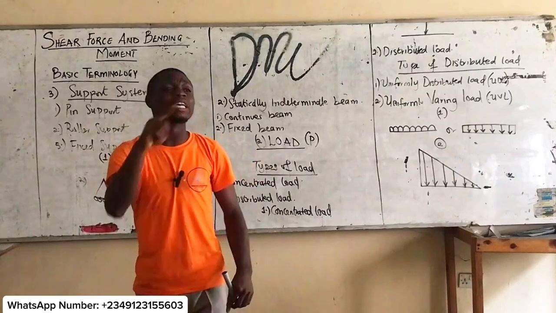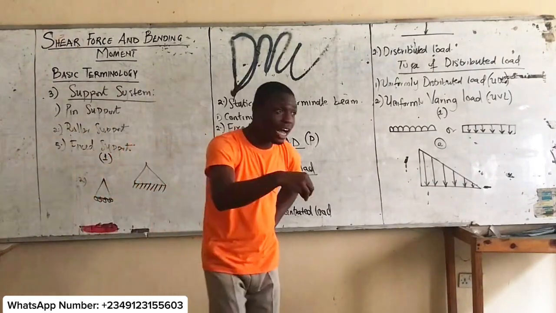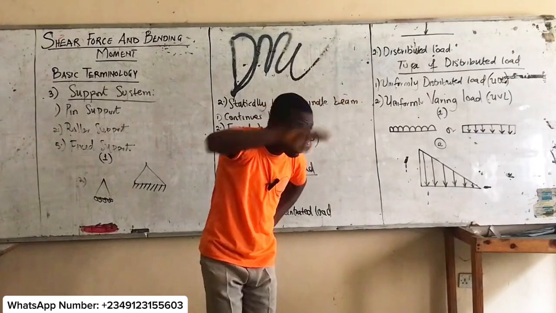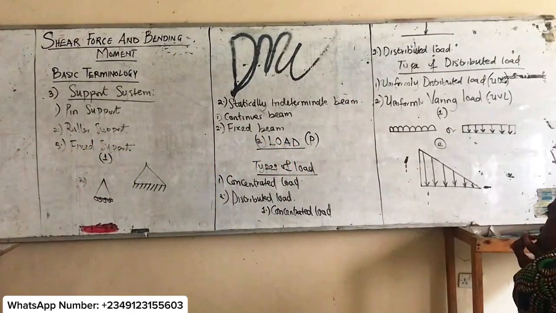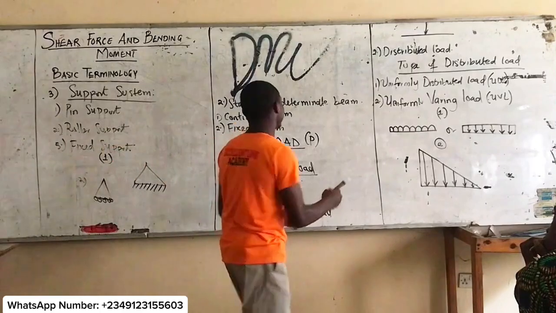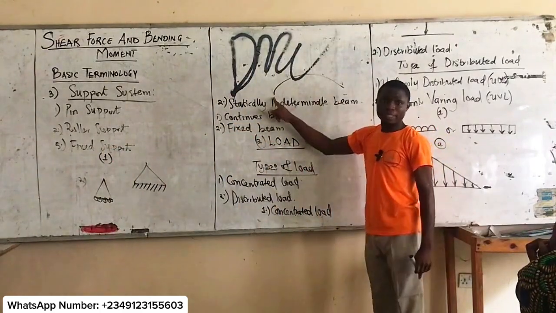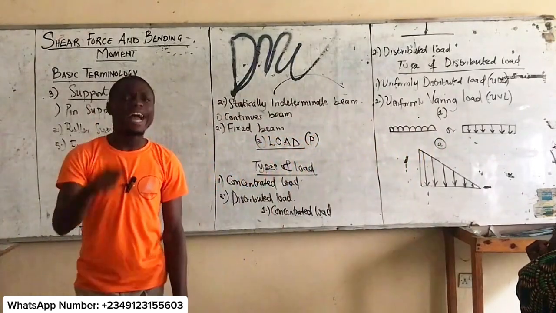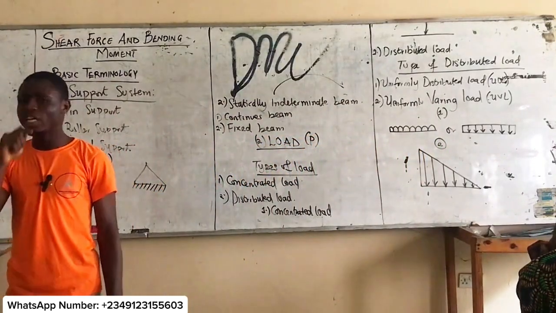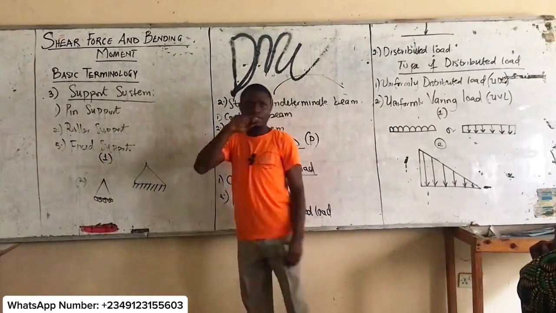A bridge has 2 supports, one at the beginning and one at the last part. It has a curve like this. So a support is here and a support is here. Now my question is, what kind of support is there? Is it pin, roller, or fixed?